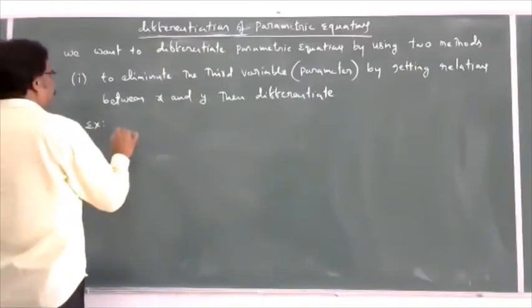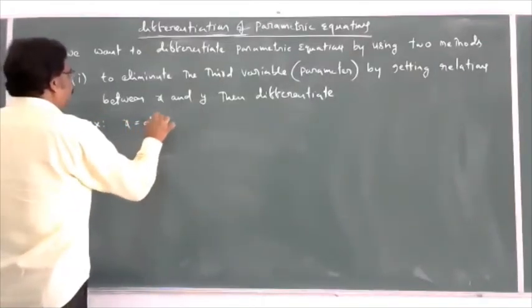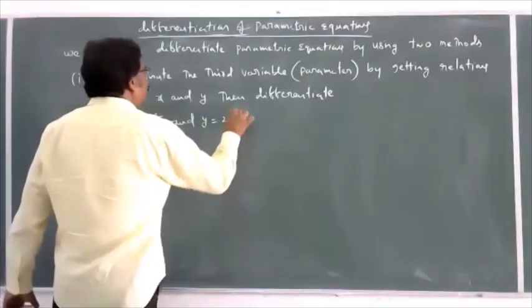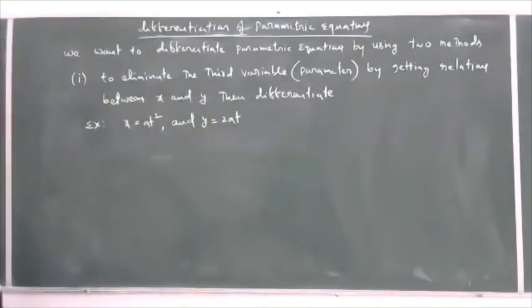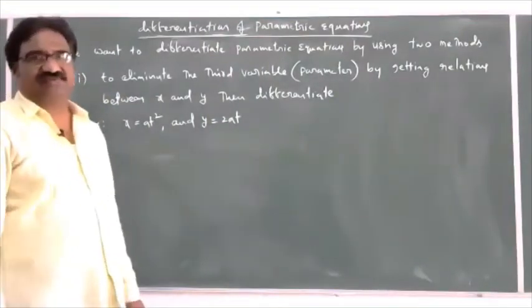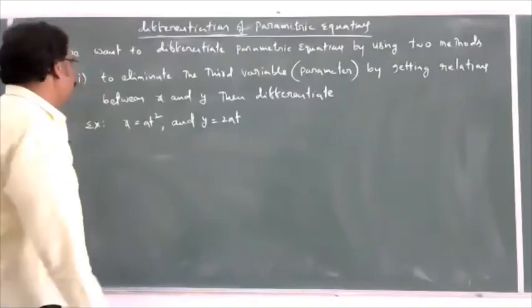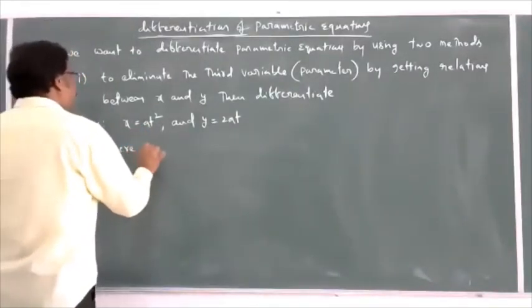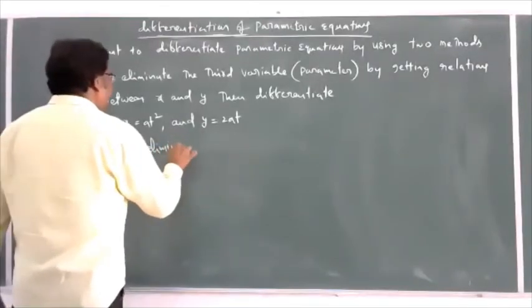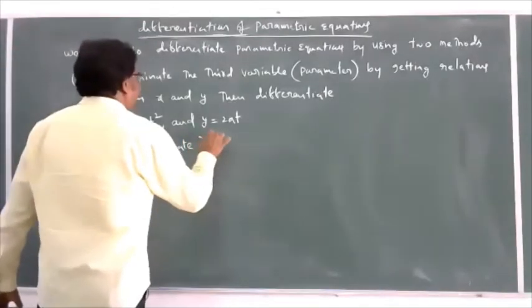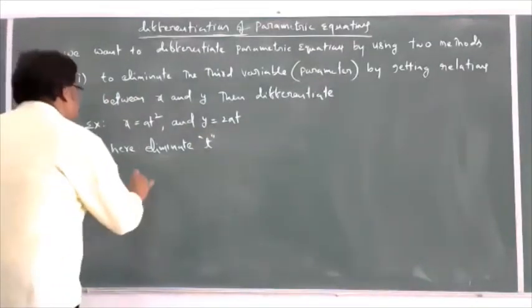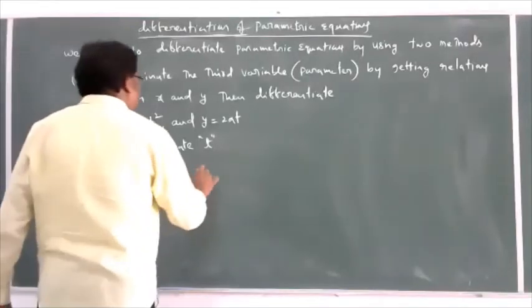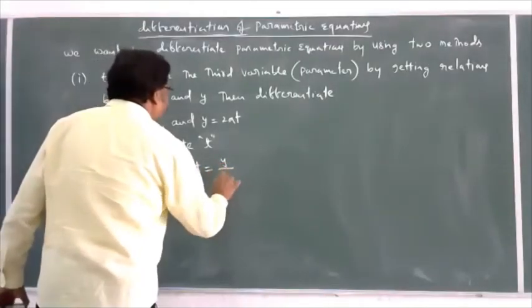Example, x is equal to a t square and y is equal to 2 a t. Here, eliminate t. t square is equal to x by a, and t is equal to y by 2a.